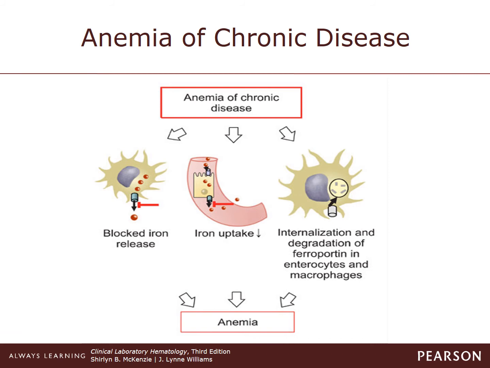This is caused by a block or a mobilization of iron from macrophages for recycling to the bone marrow erythroblasts. So the iron is there, it just is blocked from being used for making new cells.